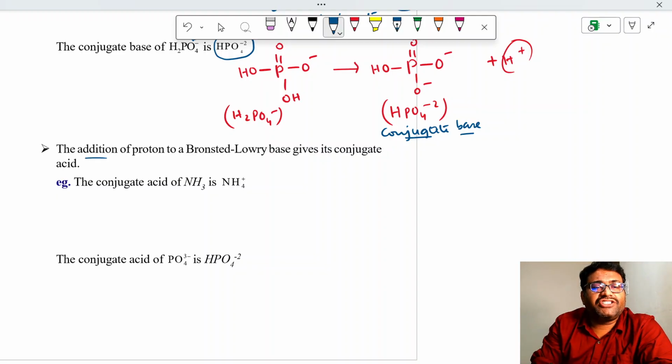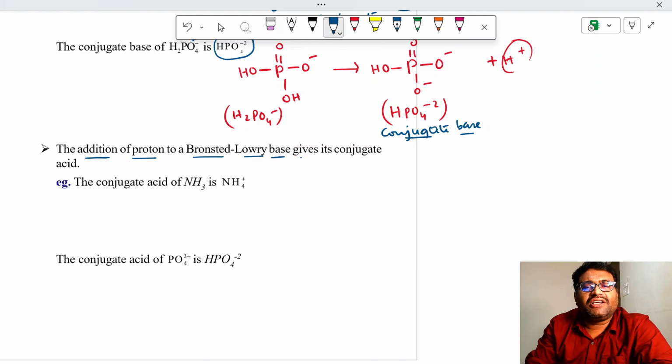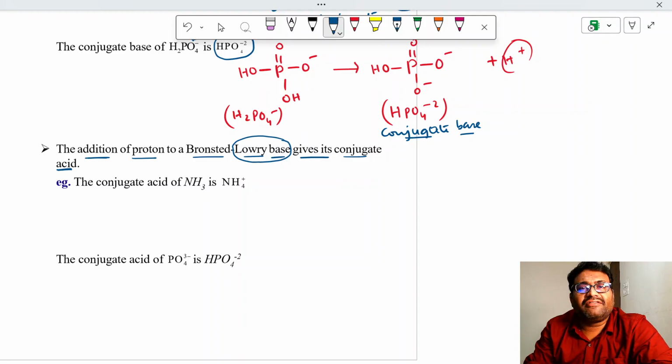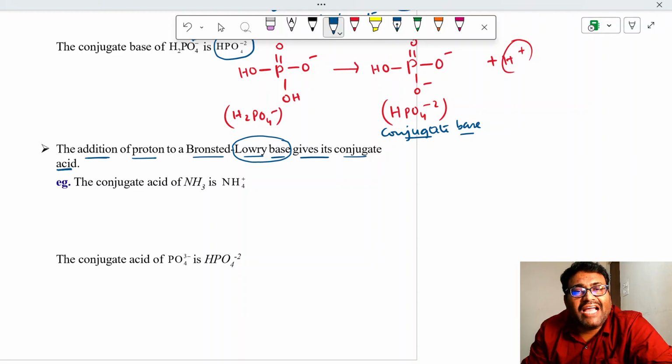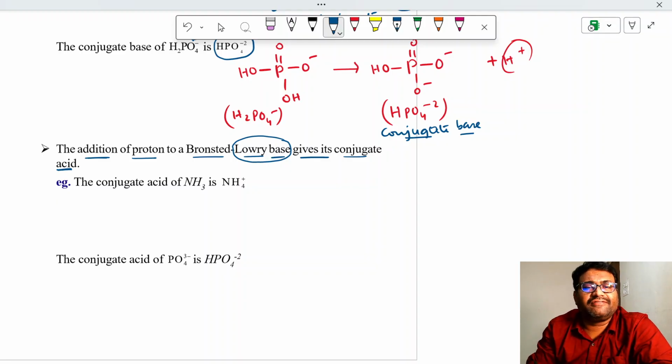See, the addition of a proton to a Bronsted-Lowry base gives you the conjugate acid. Why are we calling it a Bronsted-Lowry base? Because the base is able to accept the proton, right? So when a proton is added to a base, we get its conjugate acid.